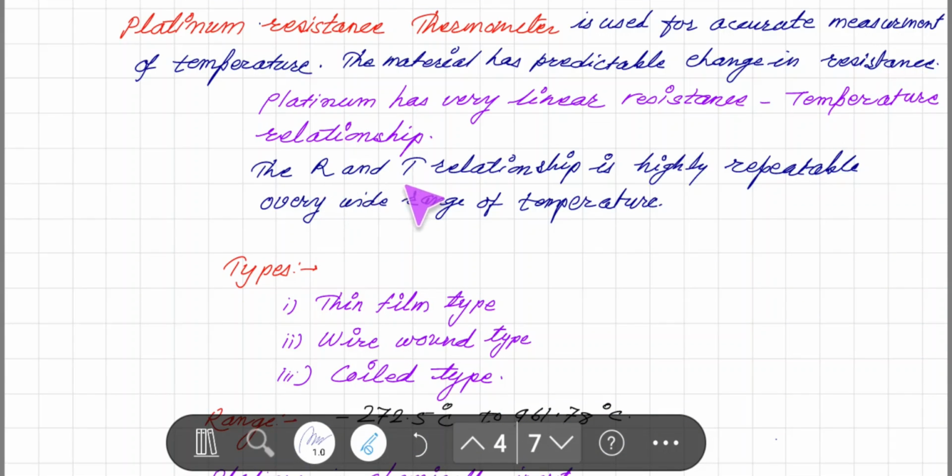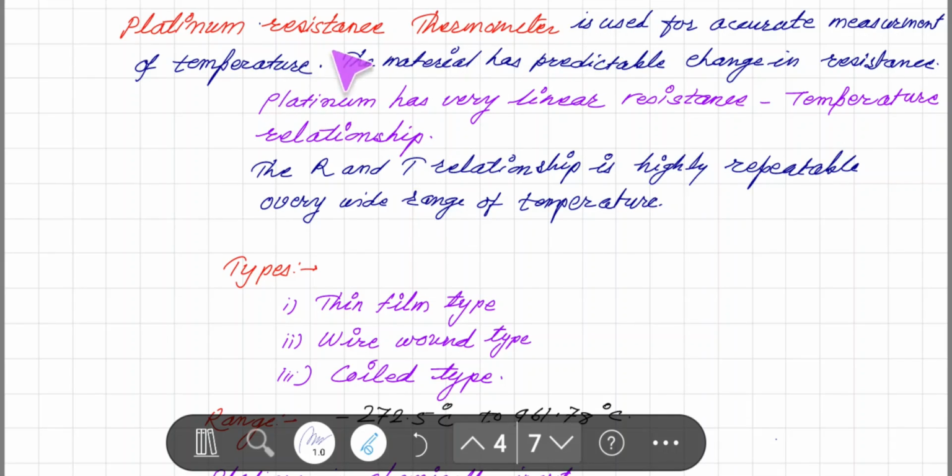Similarly, the resistance and temperature relationship is highly repeatable over a wide range of temperature. That is one of the most important characteristics for selecting platinum for the RTD purpose.